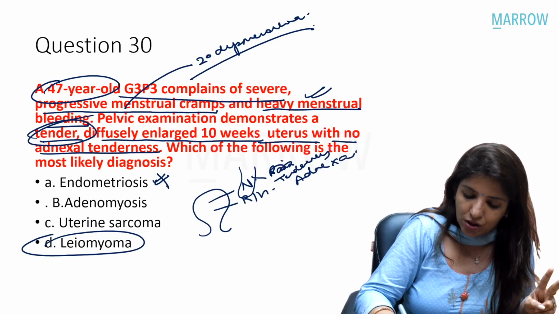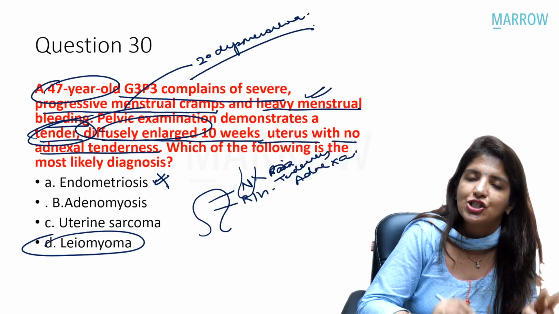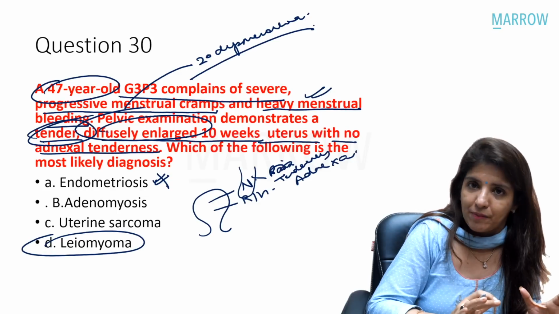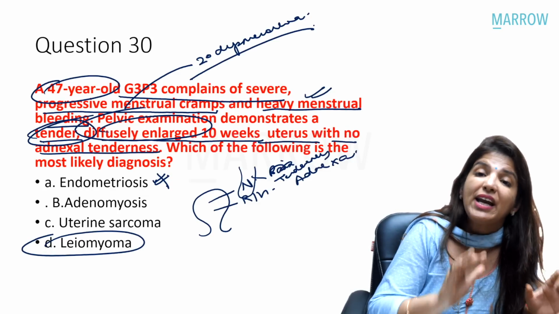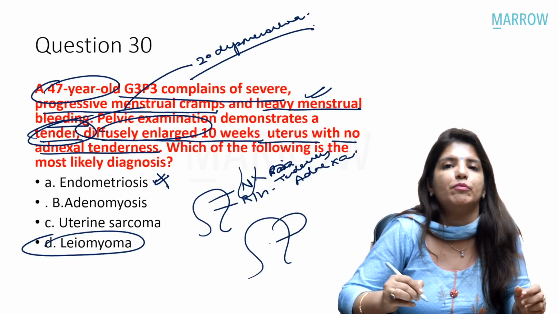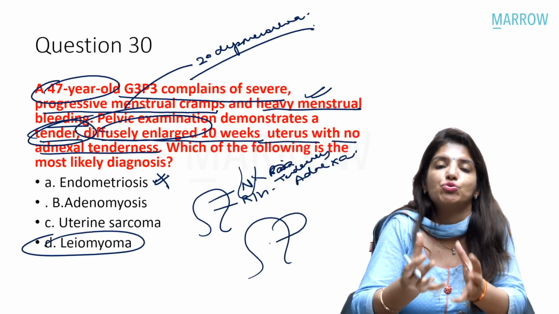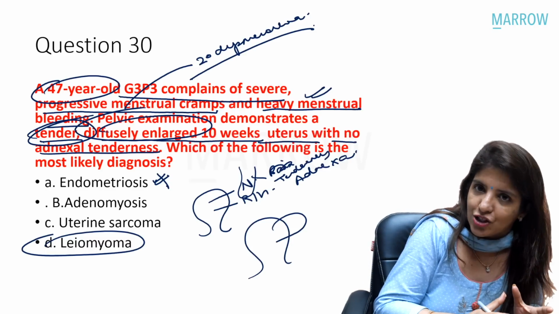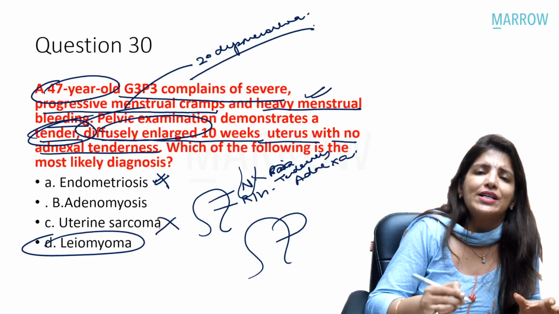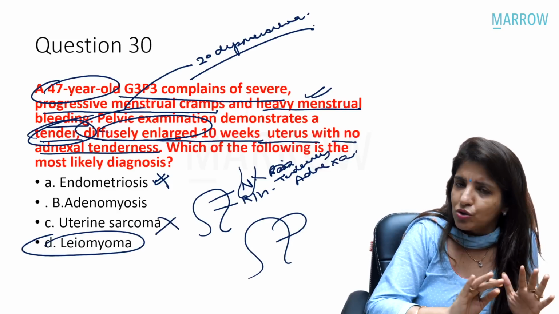So tender uterus and it is diffusely enlarged. In case of fibroid uterus, uterus will never be tender. Right? Uterus will not be tender and uterus will be irregularly enlarged. So wherever the fibroid will be present from that particular side, the uterus will be irregularly enlarged. Right? Then sarcoma. Uterine sarcoma is a very, very rare tumor, so it's not that.